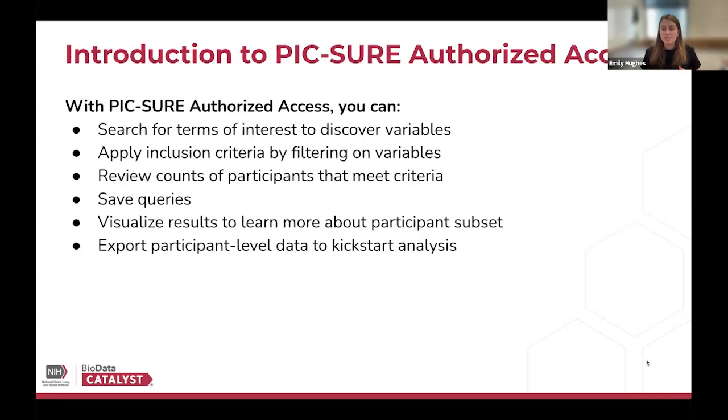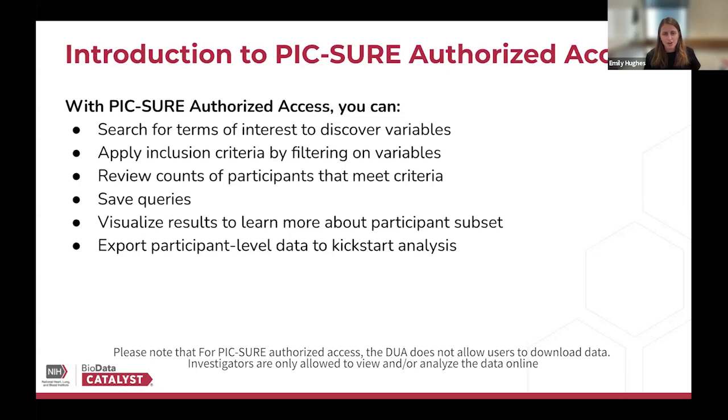So once you receive access or get authorization to access the data, what can you do? The sister platform to PIC-SURE Open Access is called PIC-SURE Authorized Access. So in PIC-SURE Authorized Access, you can do a lot of the same things. You can search for terms of interest to discover variables that are related to your research project.